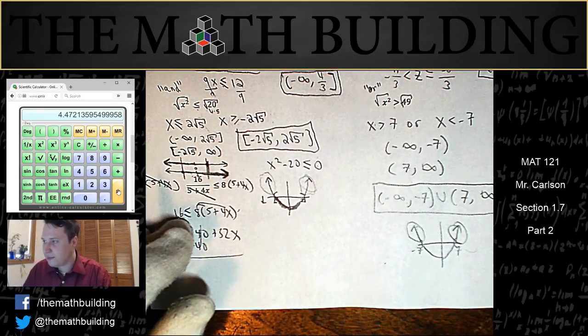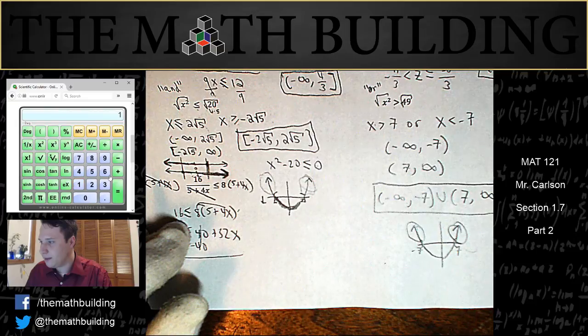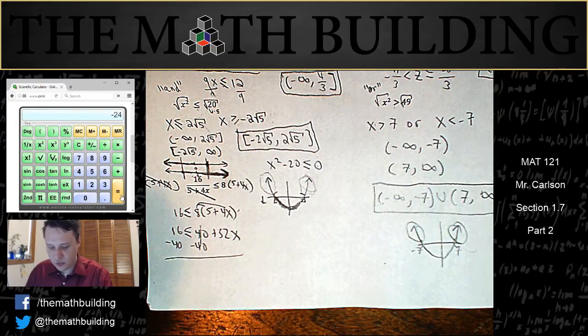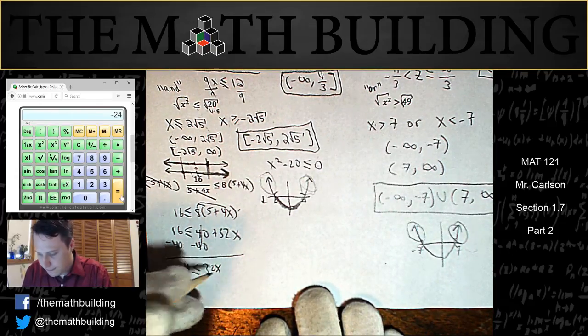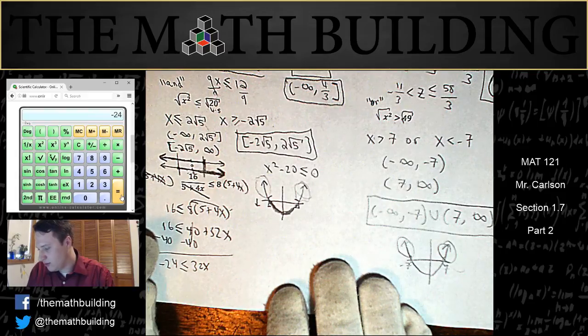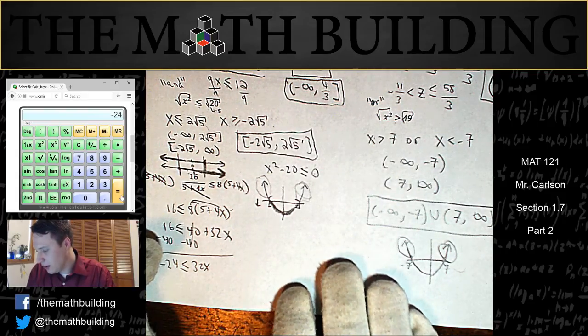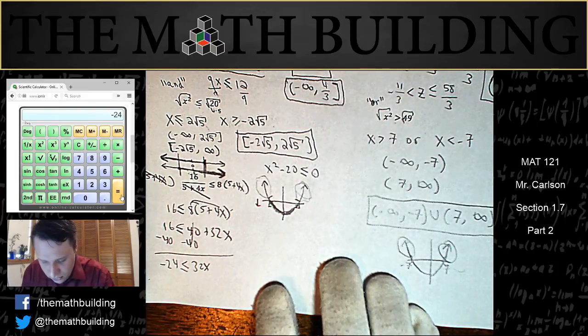And 16 minus 40 is going to be negative 24, and then you just want to divide by 32.